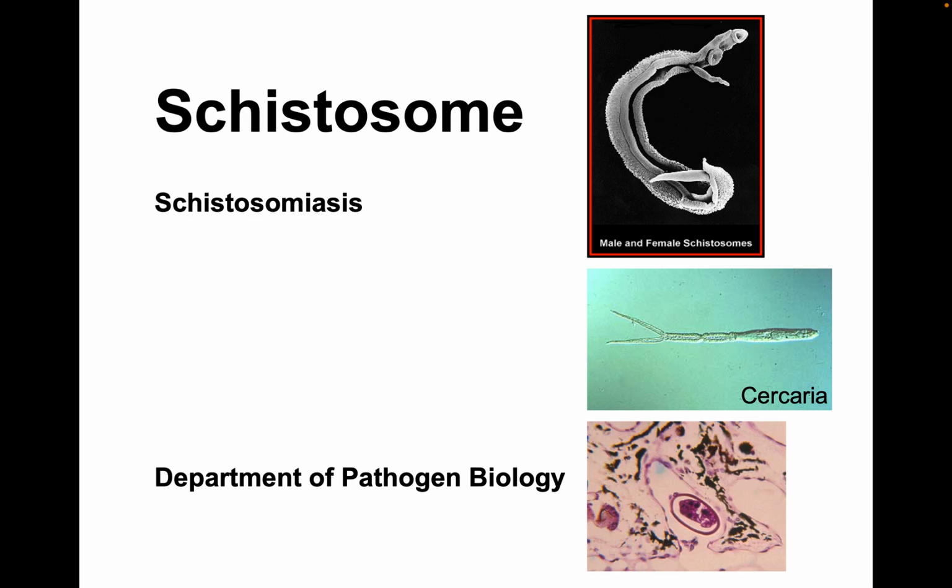pump out eggs. In the middle is a form called cercaria, which is one of the larval stages. The cercaria is the stage that can infect human beings.